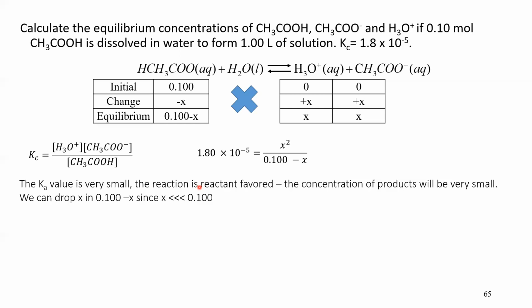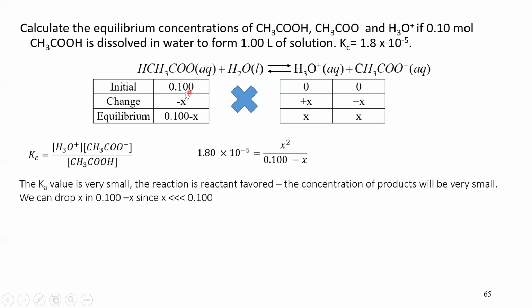But here's the trick I'm going to give you, and it is going to work every single time. I'm going to make the math super easy for you. If K is very small, and 10 to the minus 5 is very small, it's 0.000018. That means that not very much of this reactant actually reacts to produce product.